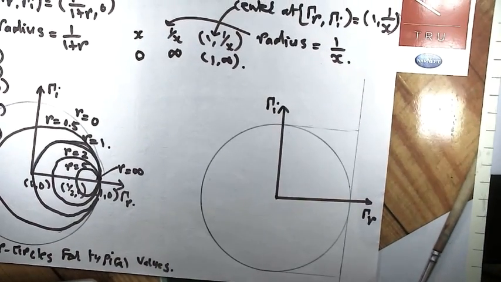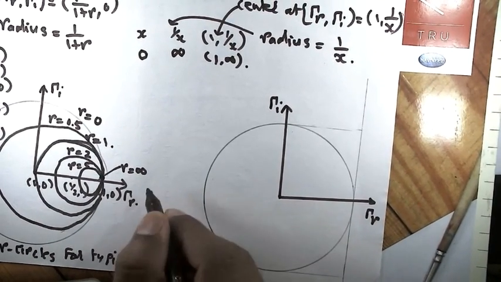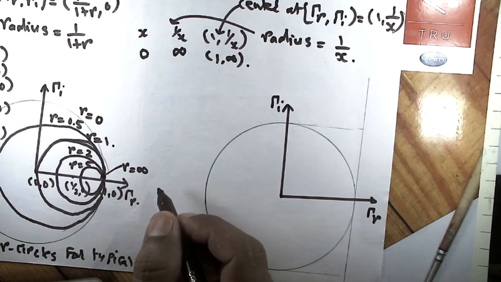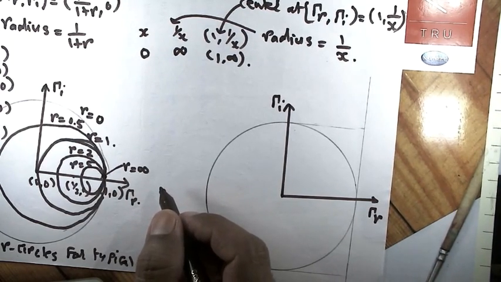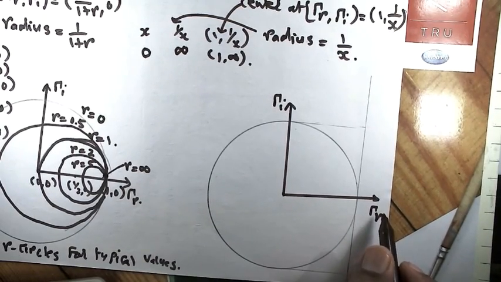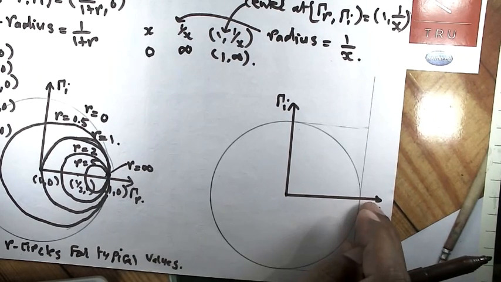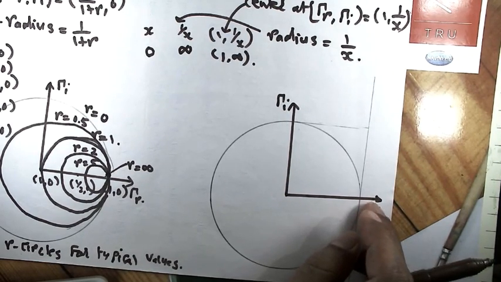For x equal to 0, the radius of this circle is infinite. What does it indicate? The center lies at 1 comma infinite.